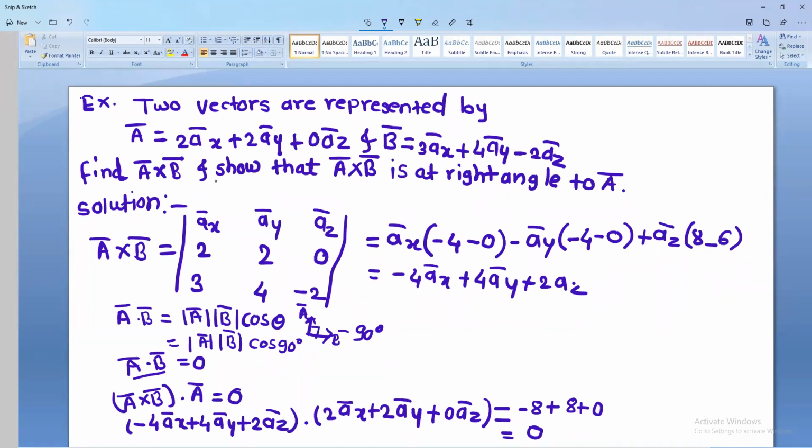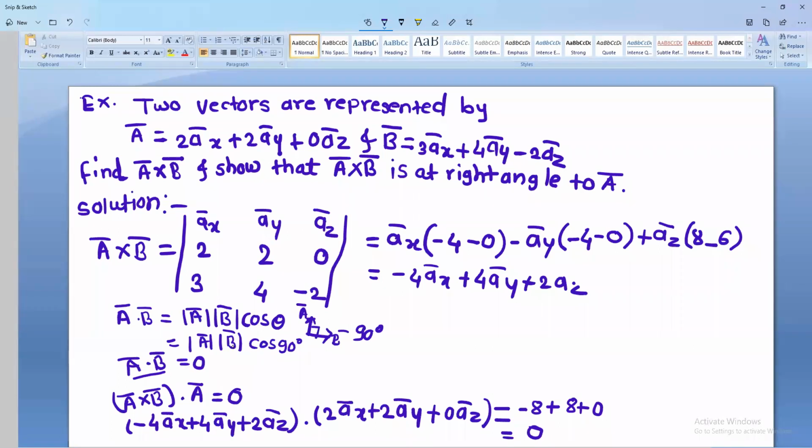Now the second question is, show that a bar cross b bar is at right angle to a bar. Now if a bar cross b bar is at right angle with a bar, and we use the dot product of two vectors, then a bar dot b bar is equal to mod of a bar mod of b bar into cos theta.